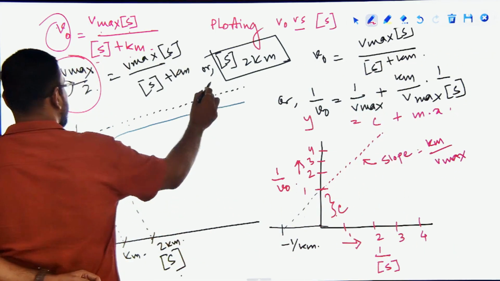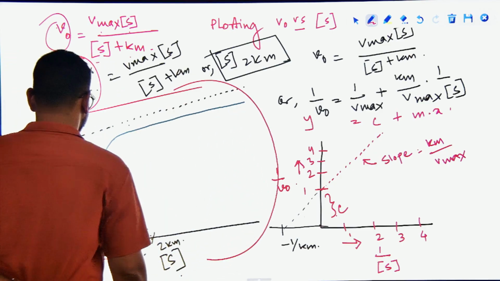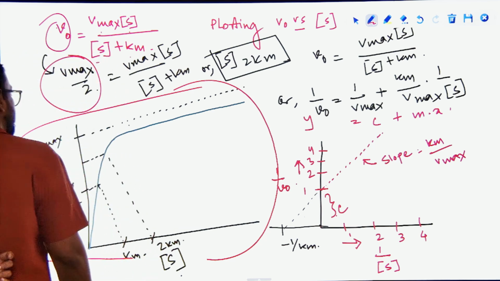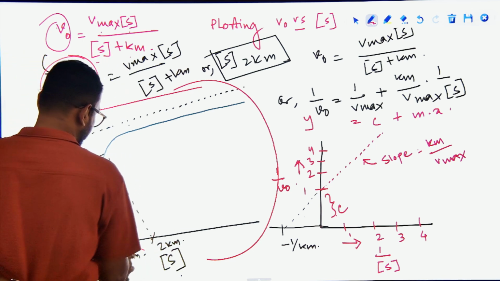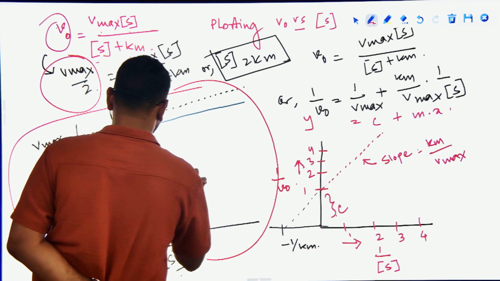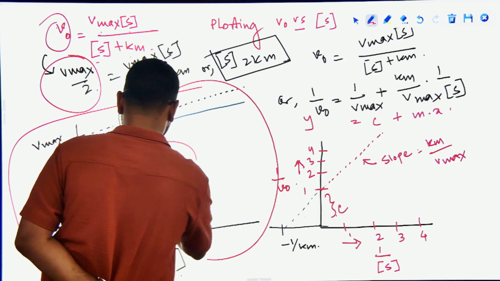That is the same thing mentioned in this graph. See, Vmax is the ultimate stage, V naught on the y-axis, Km on the x-axis, where Km equals substrate concentration when V naught equals Vmax by 2.